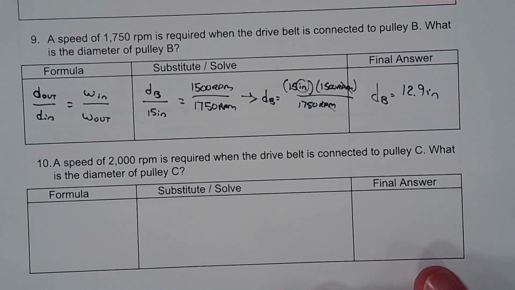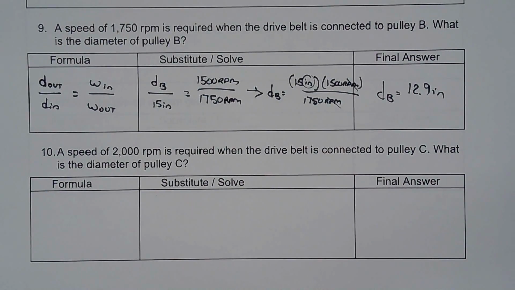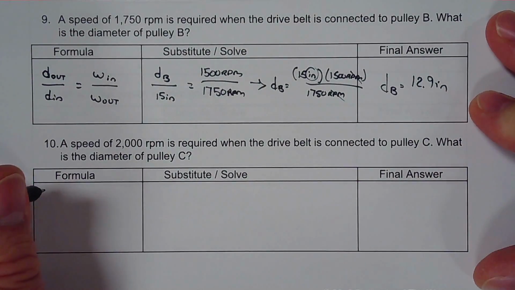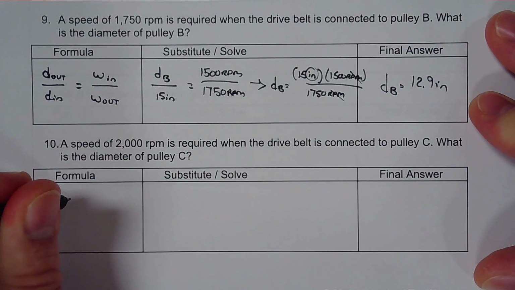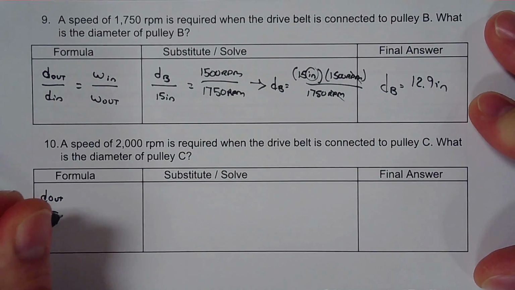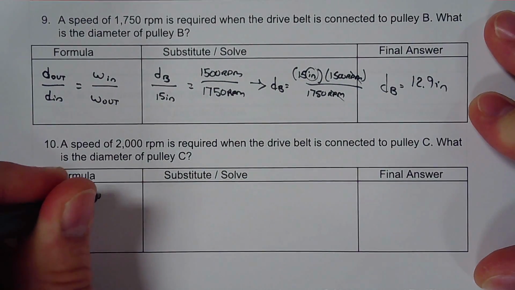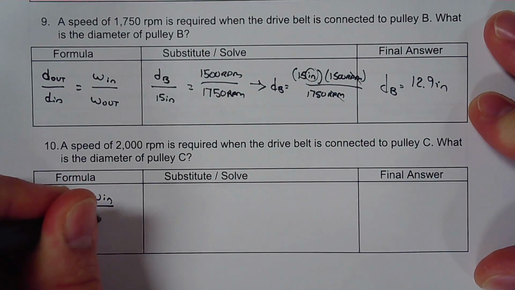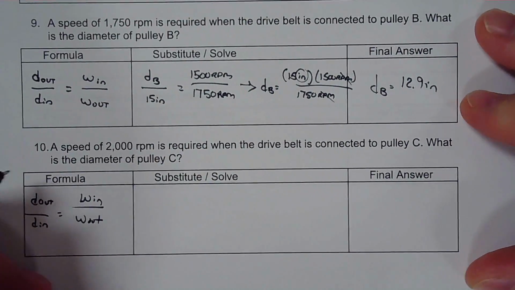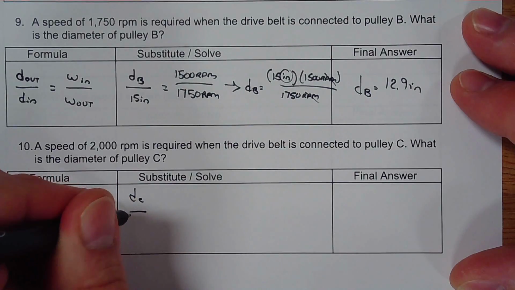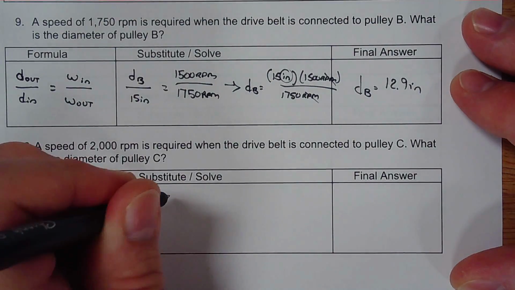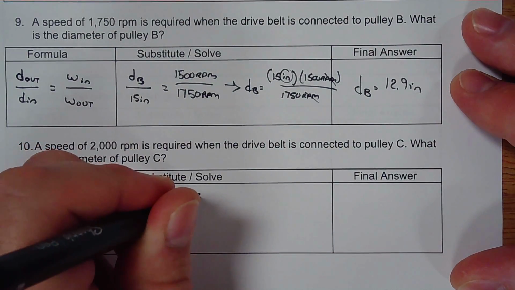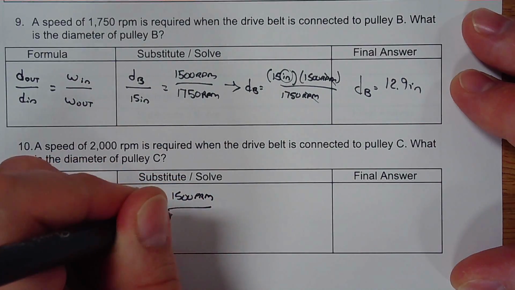Okay. The rest of these problems, 10 and 11, all right, are exactly the same. You're going to go D out over D in equals angular velocity in over angular velocity out. You're going to do DC over 15 inches equals 1500 RPM over 2000 RPM.